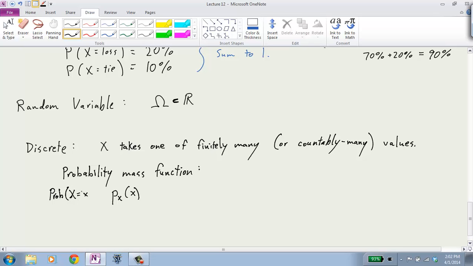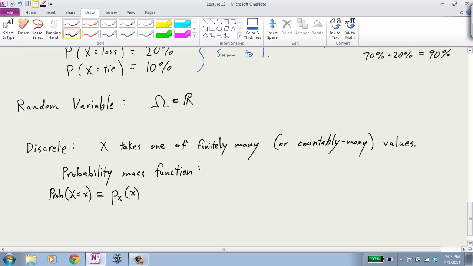So here we use capital X and little x to mean different things. This is typical in probability. You often use the capital variable to be the random variable, the thing that we don't know what it's going to equal. And the little numbers are just regular variables. So probability that a random variable x takes a specific value, little x, is given by this function.